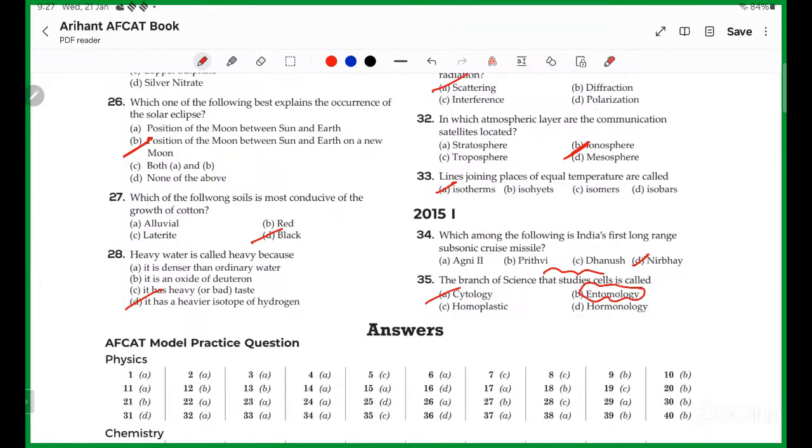Entomology is study of insects. Study of tissue is histology.